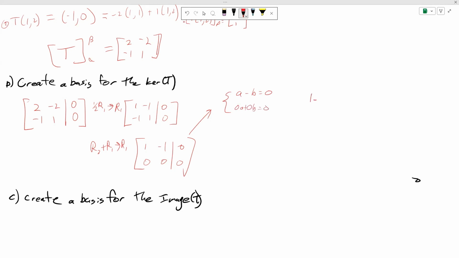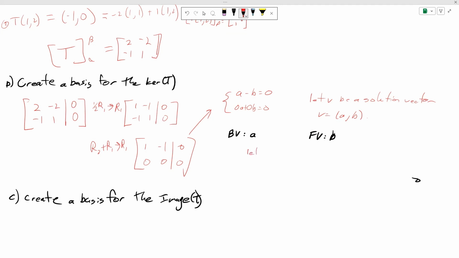And let V be the solution vector A, B. Then V equals (A, B). Now let's define our free variables and our basic variables. Our basic variable is A, and our free variable is B. Now, for creating a basis for the kernel, we're going to take our free variables and let them be free.